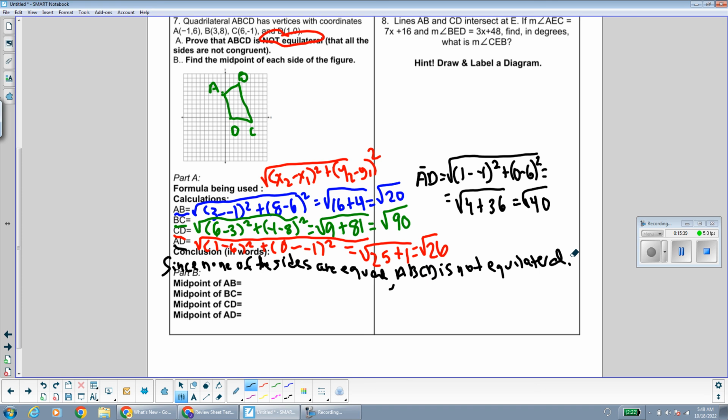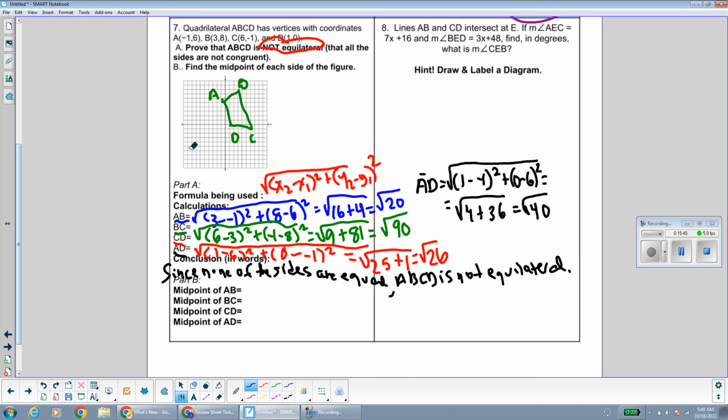I just want to put a reason why what I was trying to say is true. So we were trying to say that ABCD is not equilateral. I showed that it's not equilateral because I showed that it doesn't have equal sides. All the sides are not equal. In fact, none of the sides are equal. Same kind of question is going to be on the test, except it's going to be a triangle with only 3 sides and not a quadrilateral with 4 sides.